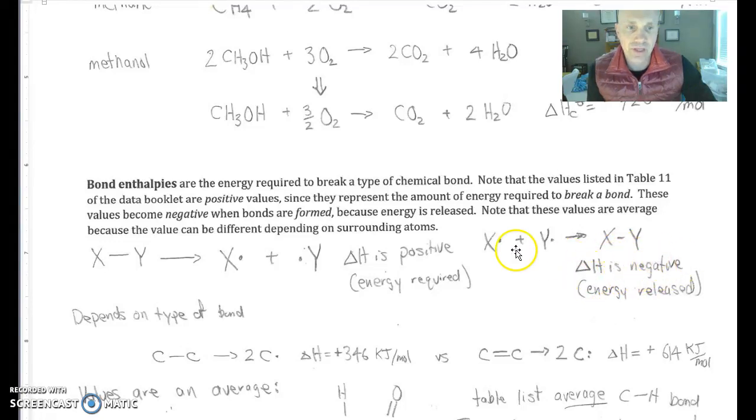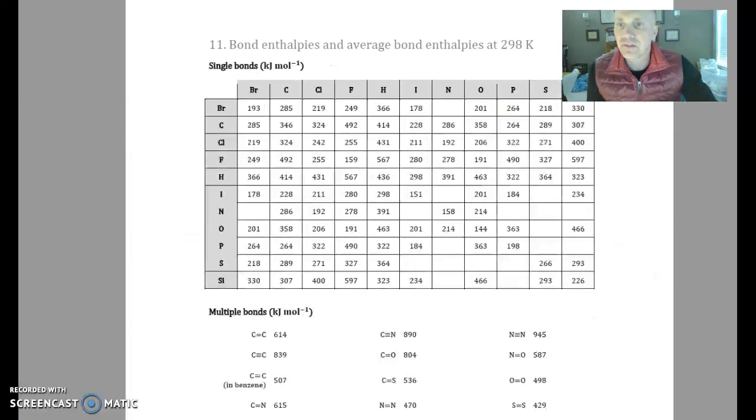So in a situation like this, let's say how much energy is released when a carbon-hydrogen single bond is made. That would be 414. The enthalpy change would be negative 414, because you're just turning this around. Instead of saying how much energy would it take to break it, you're saying how much energy would be released if one of these made a bond with one of these.